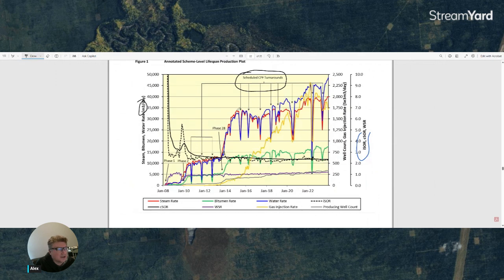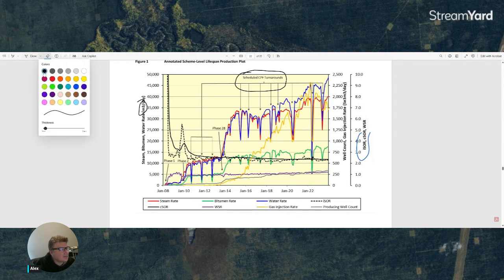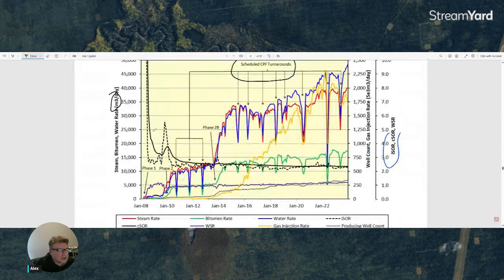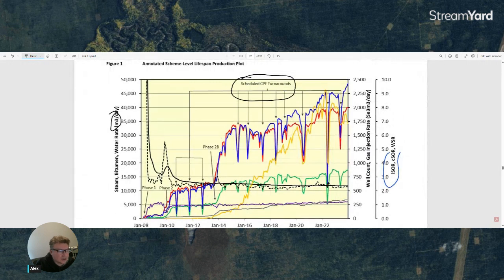For example, here you can see that steam rate significantly declines here, here, here, and here. And that results in oil production decay, which is here, here, here. But they have to do it because they want to maintain their facilities. They have to inspect them, fix things, keep things clean, and make sure there's good integrity of those facilities and no corrosion.